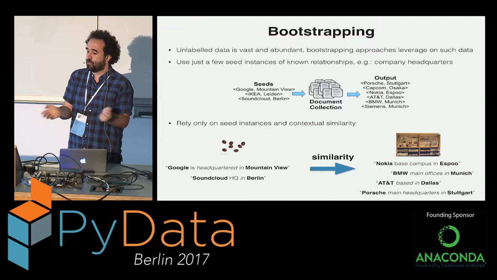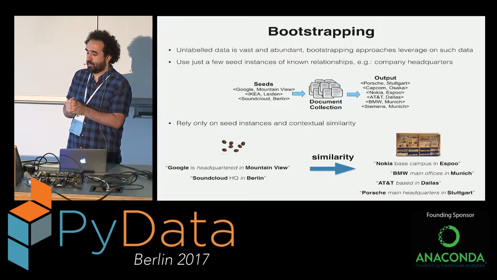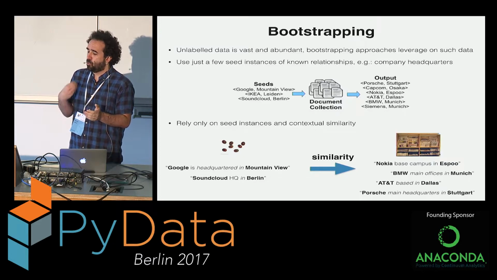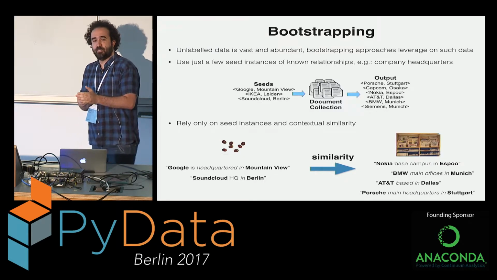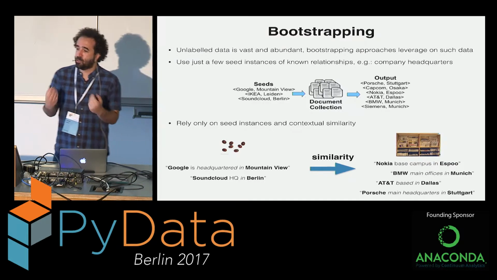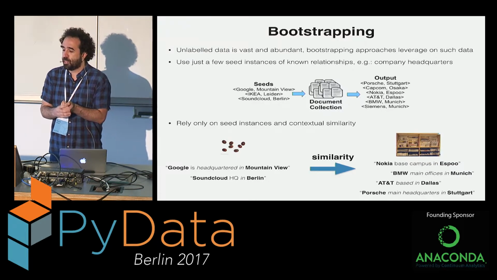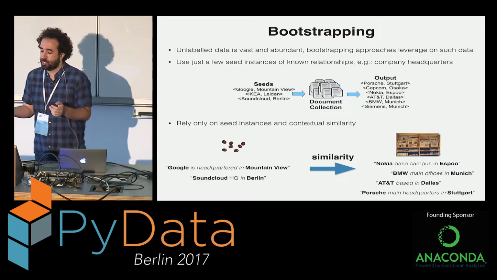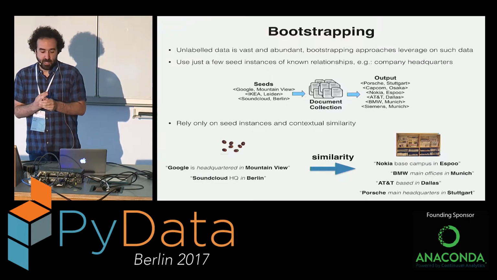For instance, Google is located in Mountain View, SoundCloud is in Berlin, and the idea is that you will look for occurrences of those named entities in the text, in the collection of documents. You will take the textual context where they occur, and you will use that textual context to extract more relationships of the same type.